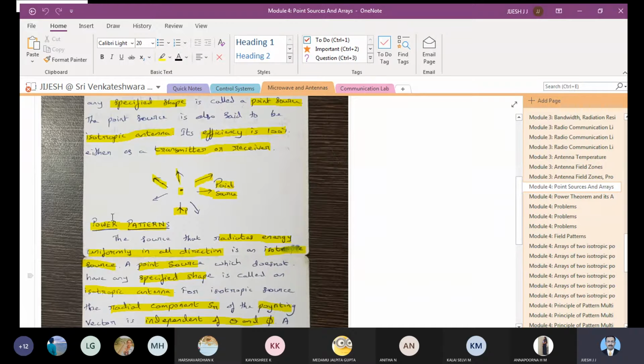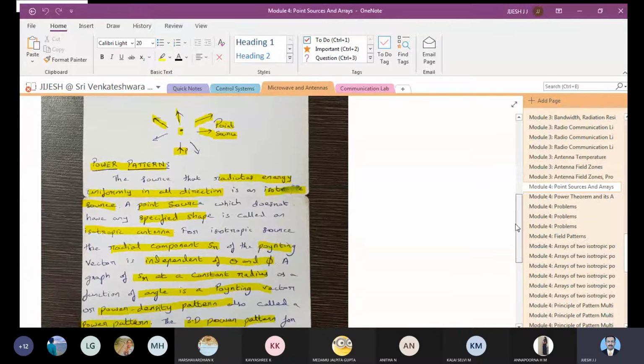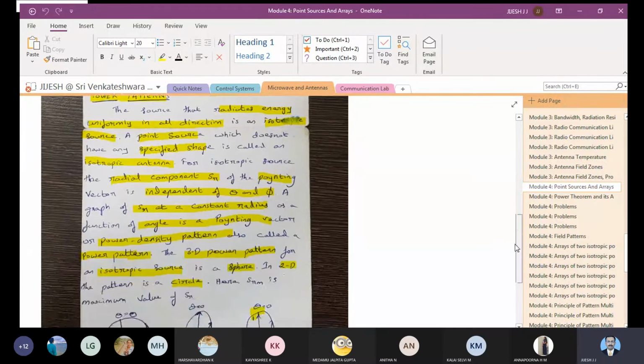Next, we have also discussed the power pattern. We have different types of pattern, which we call field pattern and power pattern. These are done in order to identify the directivity, gain and all those things with respect to the antenna.